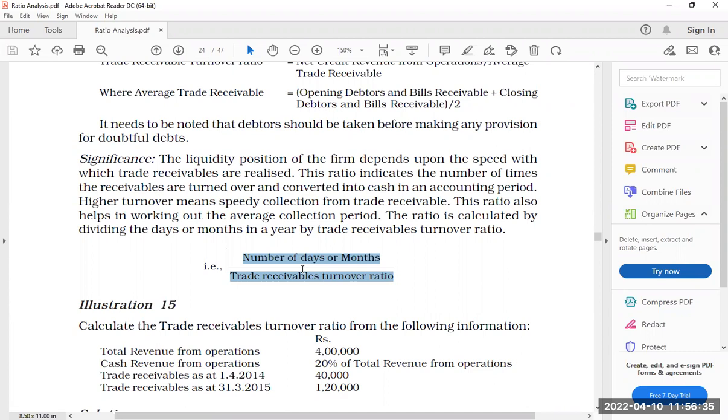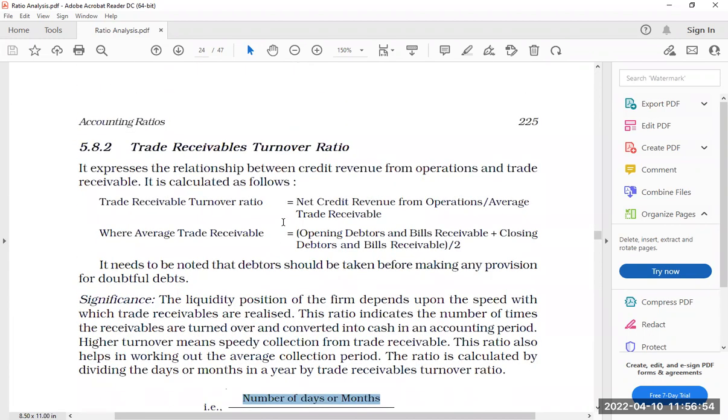What is average collection period? On average, within how many days my sales is converting into cash. How quickly it is converting into cash. I repeat again: receivable turnover ratio is equal to net credit sales divided by average receivables.